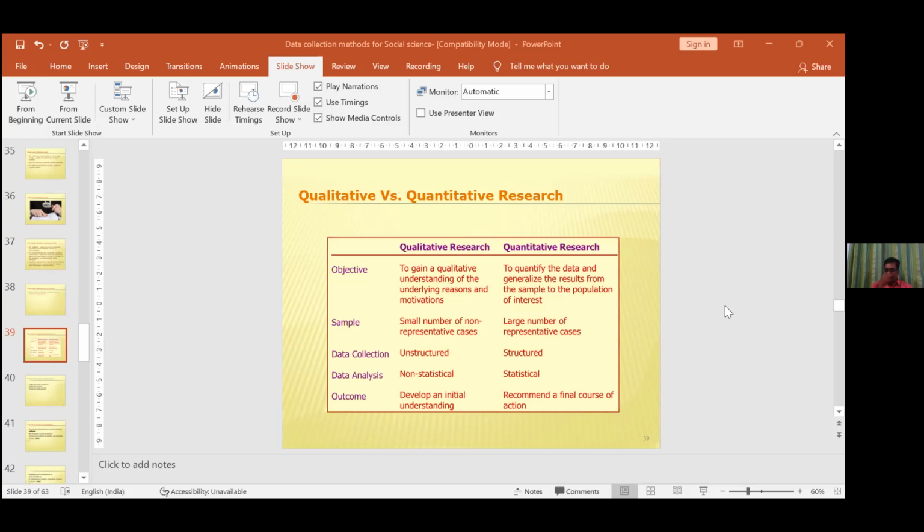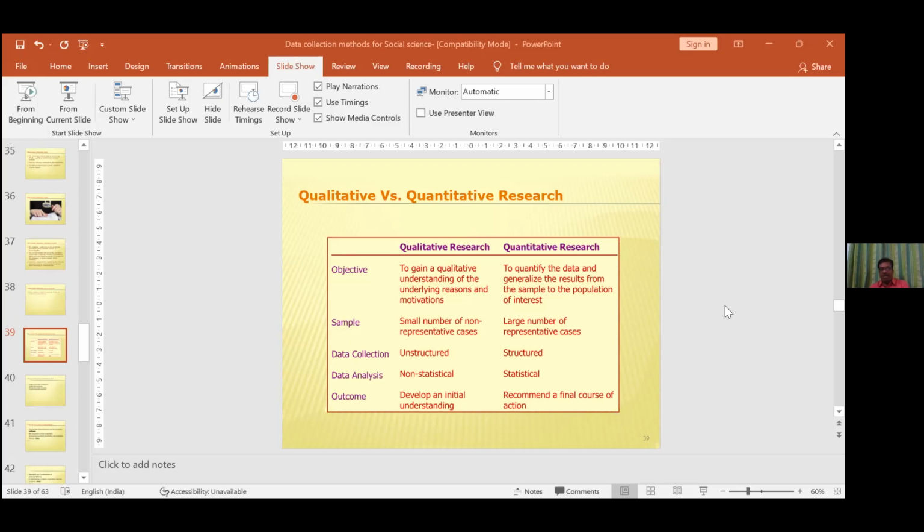For example, I would like to collect some data with regard to bank selection criteria adopted by MBA students. If I have selected some people from MBA, it is representative. Whereas if I have selected some people from MCom or MSc, even though they are students, they are not representative. So in case of qualitative research, a small number of non-representative cases may be possible, because our intention is just to observe the behavior.